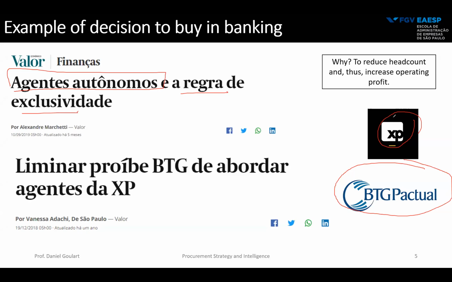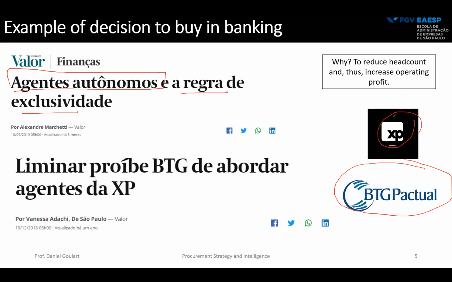It said, I will reduce the number of employees dedicated to the commercial relationship, which is an important activity. The bankers, the relationship managers, are the ones that capture new clients and are also responsible for maintaining those clients.